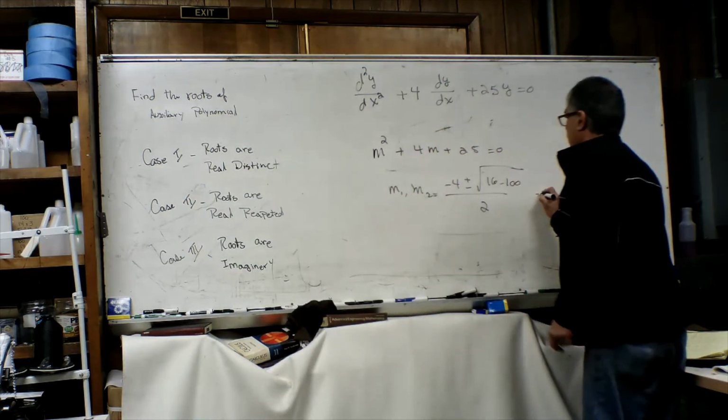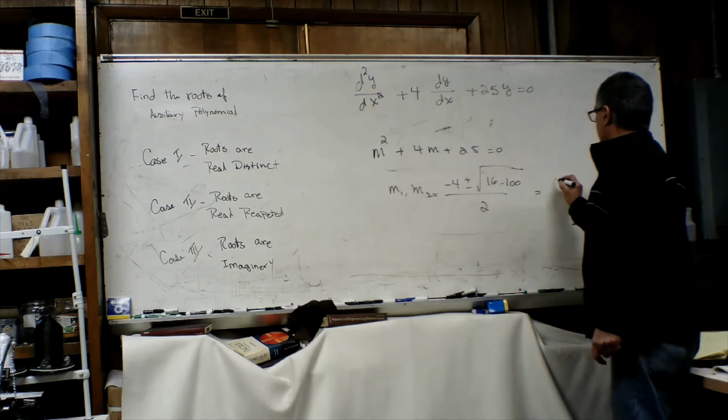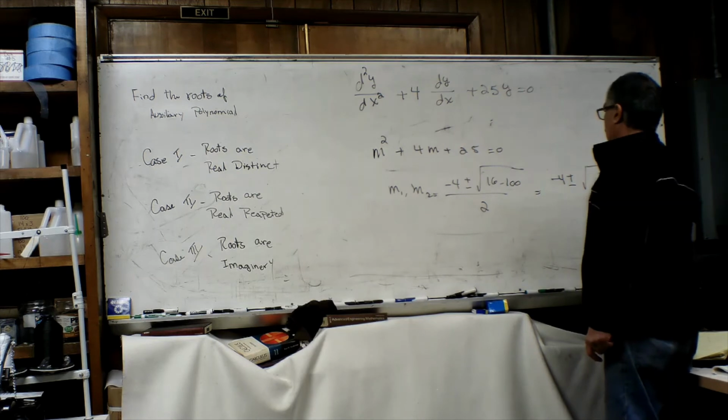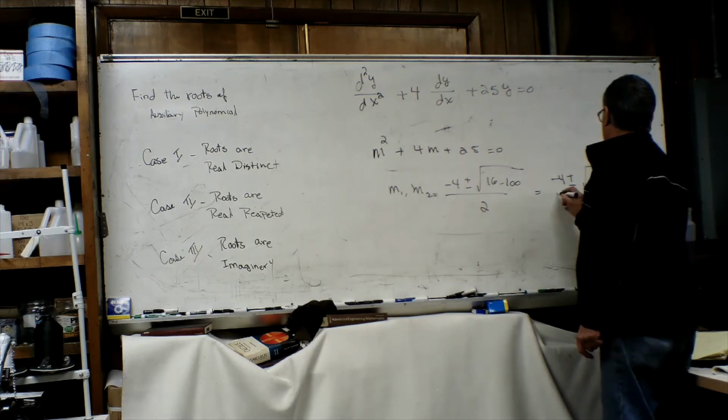So this will be equal to minus 4 plus or minus the square root of minus 84 divided by 2.